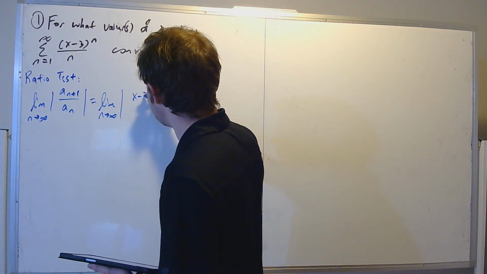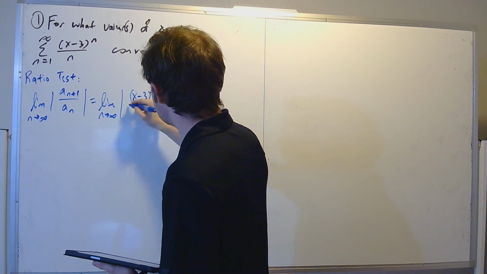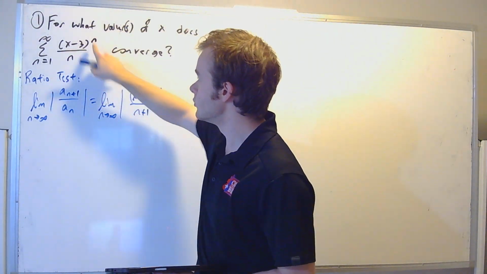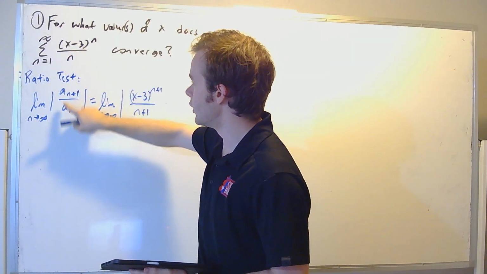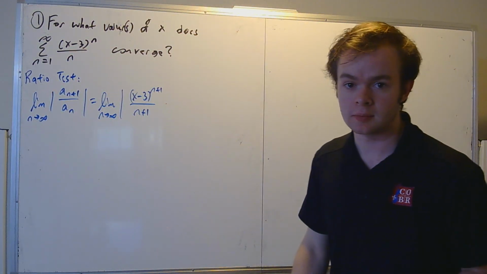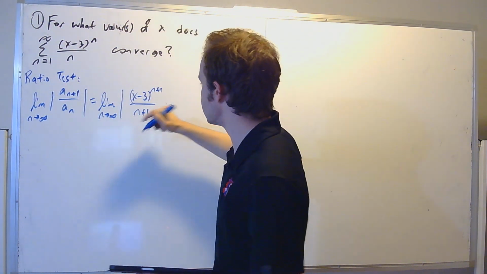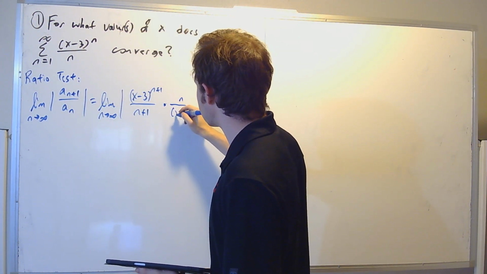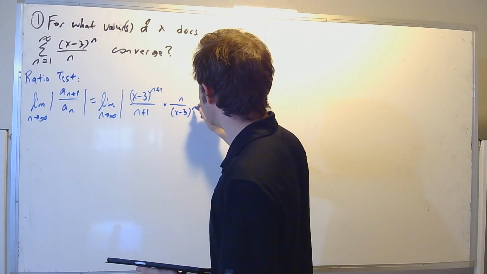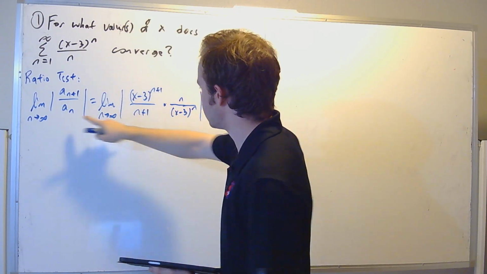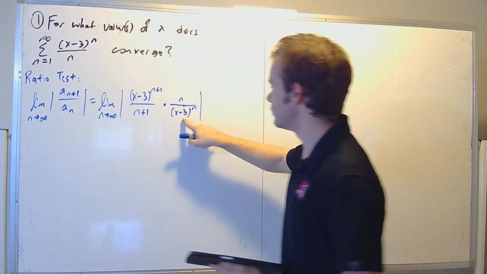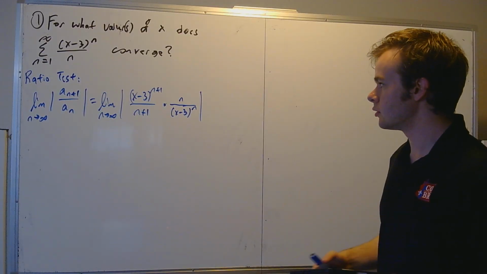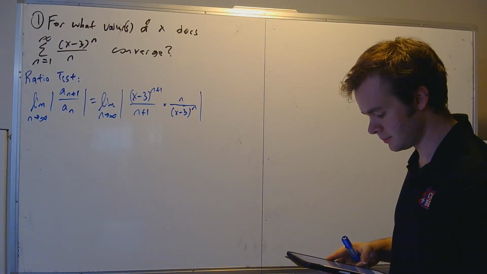So we get x minus 3 to the power of n plus 1 over n plus 1. And now we're dividing by a sub n. But if we're dividing by a fraction, that's the same thing as multiplying by the reciprocal. So I'm just going to multiply by the reciprocal, which is n over x minus 3 to the power of n. Okay. So now we've actually got to find this limit.